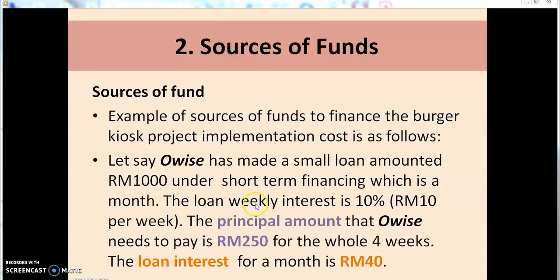The loan offers you weekly interest of about 10%, which is around 10 ringgit per week. So you have to pay the principal amount every week, which is around 250 for the whole 4 weeks, so that you can pay back the RM1,000 loan in 4 weeks' time. So the loan interest amount per month is RM40.